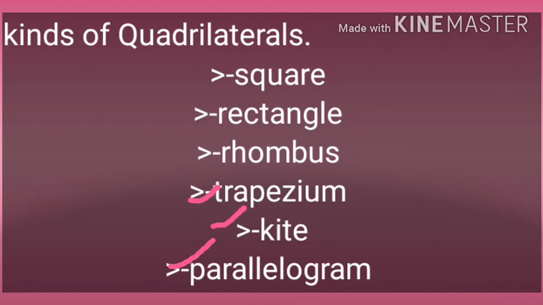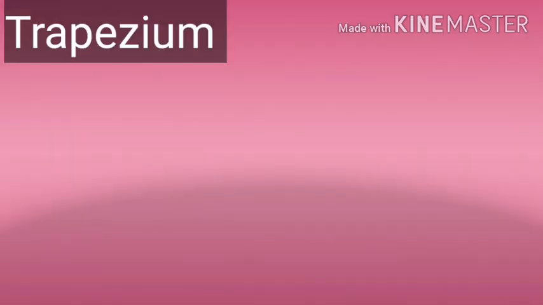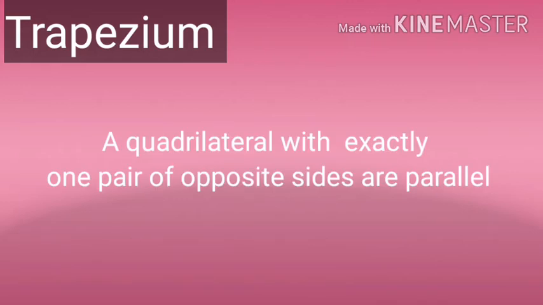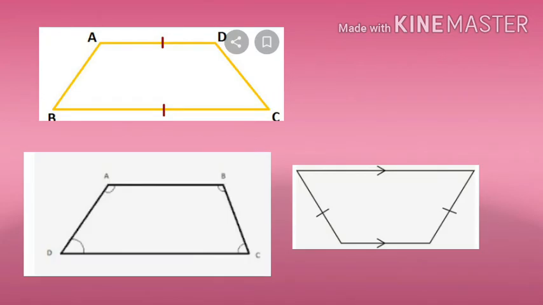The first special quadrilateral name is trapezium. So what is a trapezium? A trapezium is a quadrilateral with exactly one pair of opposite sides parallel. Only one pair of opposite sides is parallel, which is a trapezium. See these examples, these are all examples of trapezium. Observe these figures.